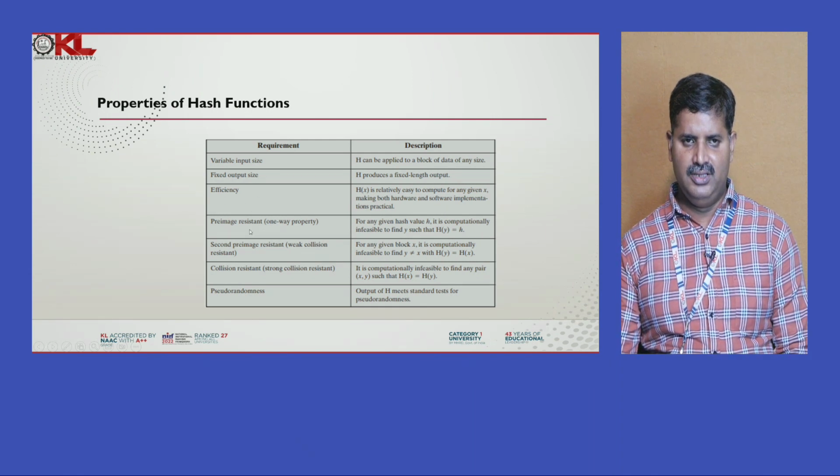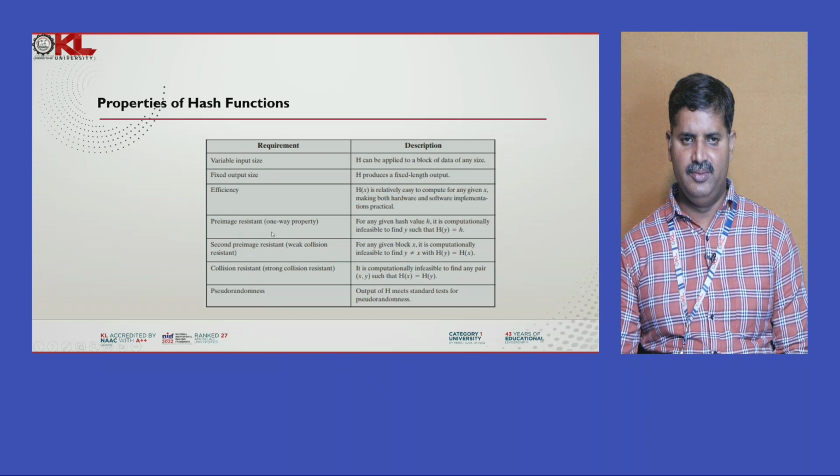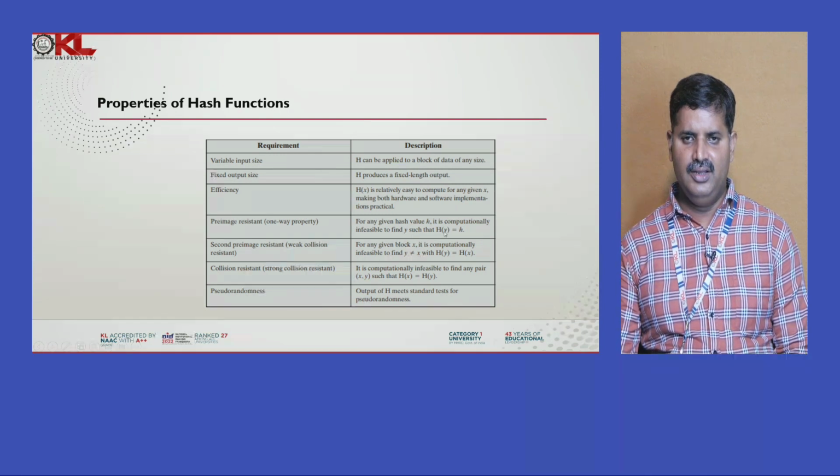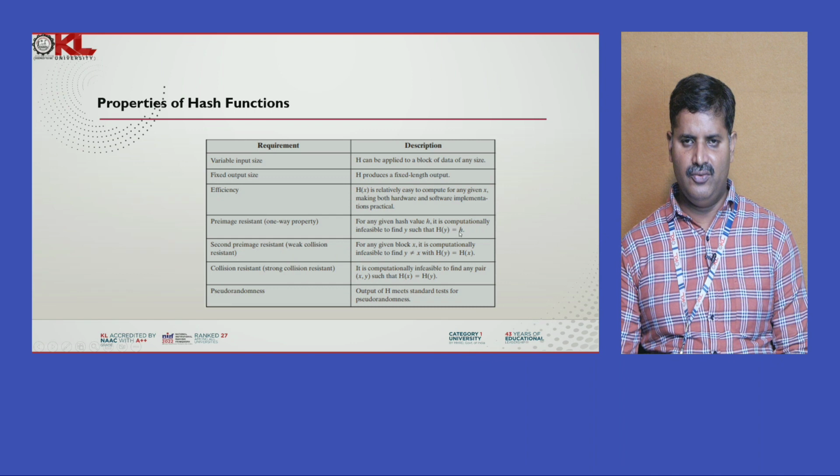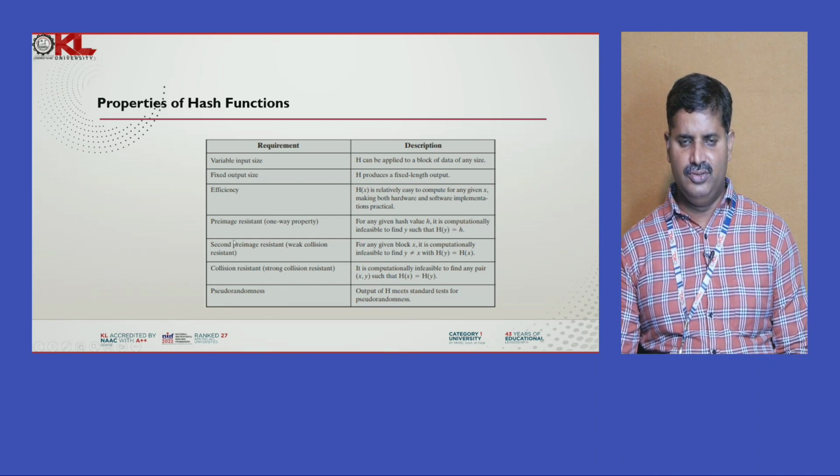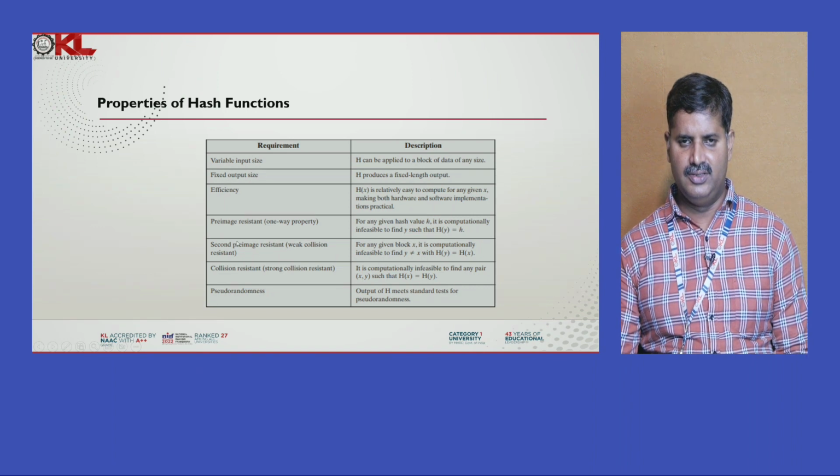And also the fourth requirement is pre-image resistance. Pre-image resistance means it is a one-way property. For any given hash value h, it is computationally infeasible to find the value y such that H(y) equals h. So once you describe the input of variable length, pre-image resistance is required.